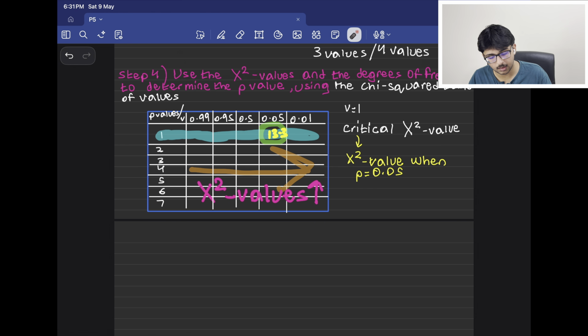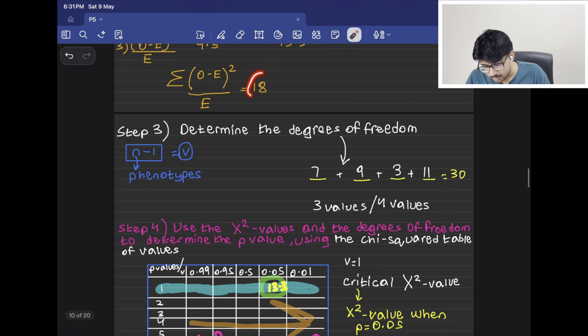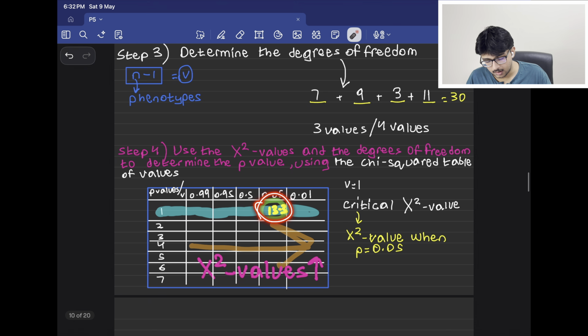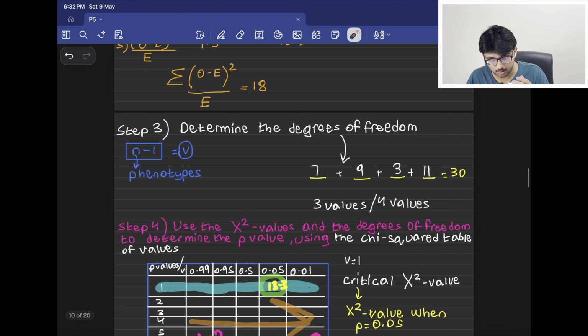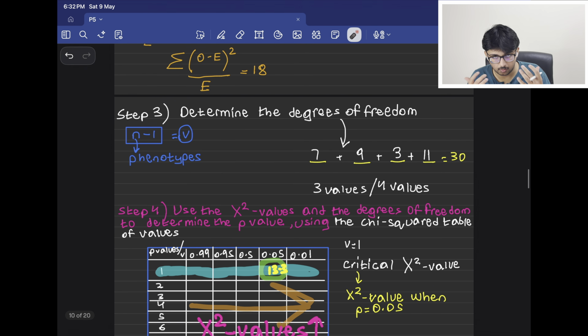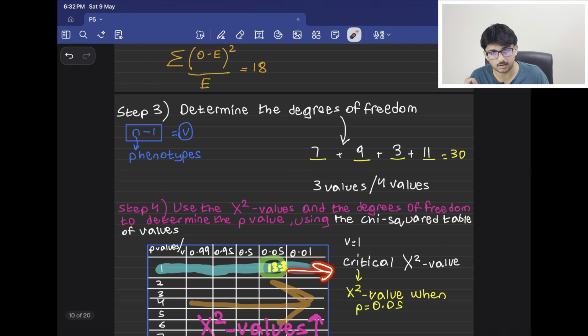Let's try this again. You have your degrees of freedom. You now know which row to look at. The way a chi-square table works is if you go to the right, the chi-squared values increase. You take your value, you compare it to the critical value. If your value is greater than the critical value, of course, you have to go to the right, isn't it?